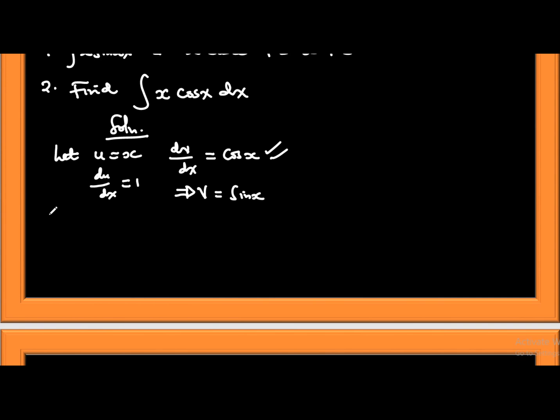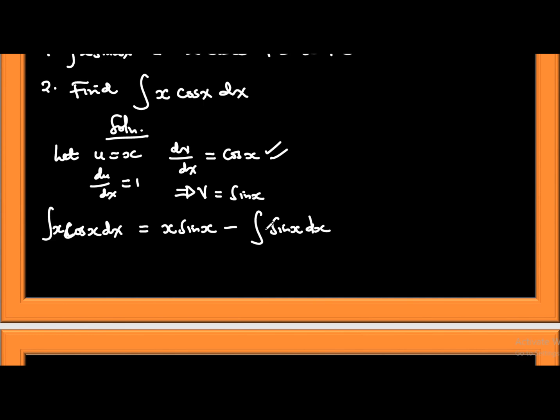So from there, we again use our formula for integration by parts. That means we shall have the integral of x cos x dx becoming uv, but our u is x, v is sine x, minus the integral of v, which is sine x, times du dx.